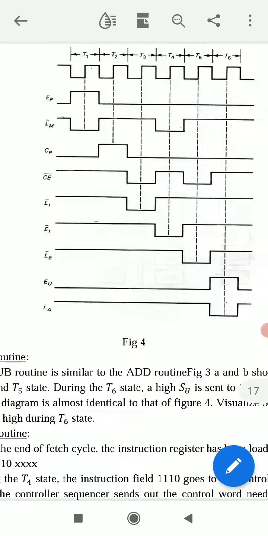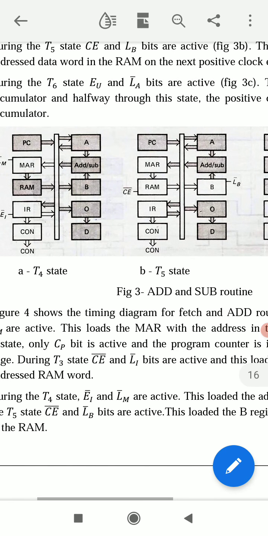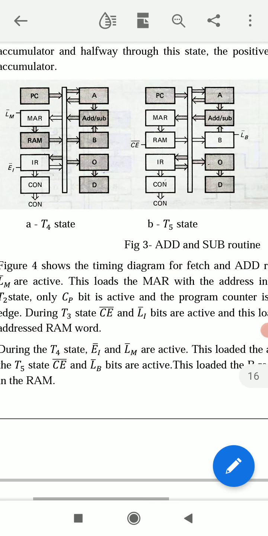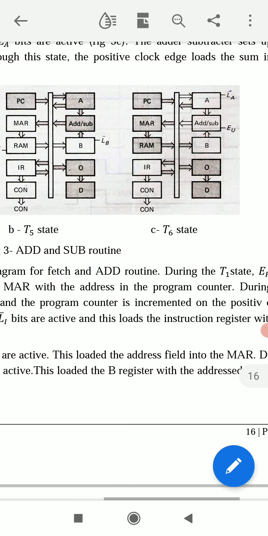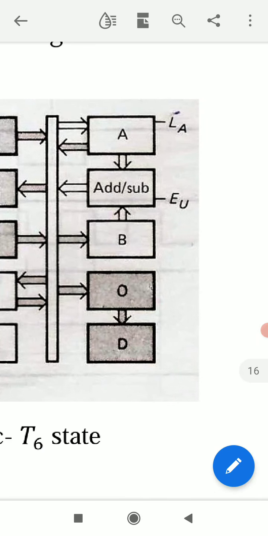So subroutine is similar to add routine. The T4 and T5 states are the same, and during this T6 state, with this adder subtractor we have a bit SU, and that SU is active when SU is 1, then it works as subtractor.